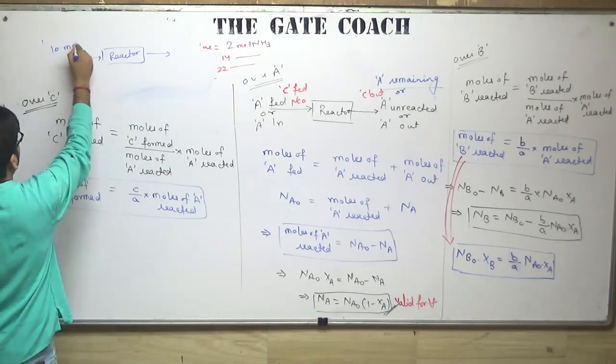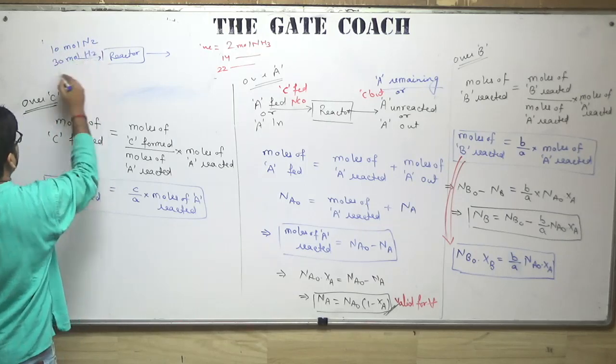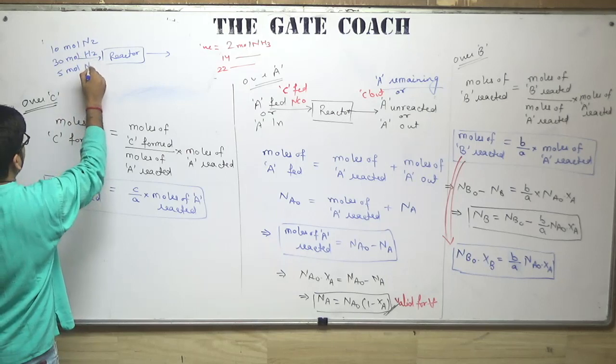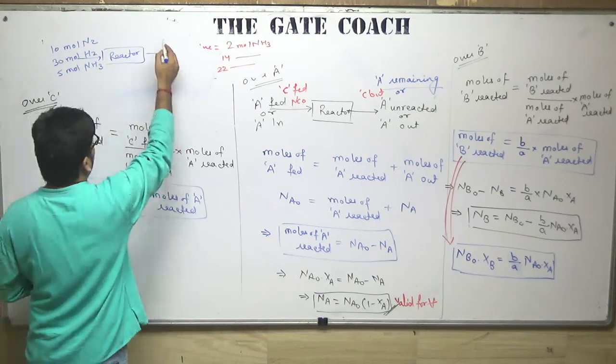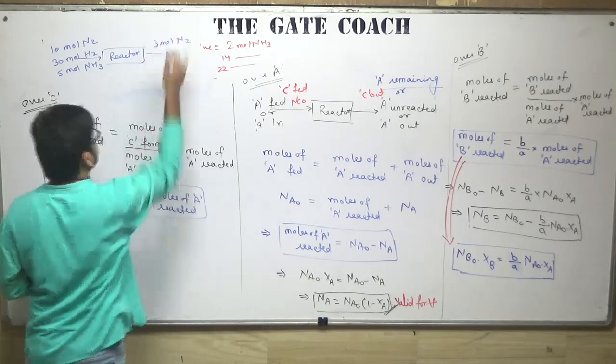Here I have 10 moles of nitrogen, 30 moles of hydrogen and 5 moles of ammonia. In the outlet I have 3 moles of nitrogen.